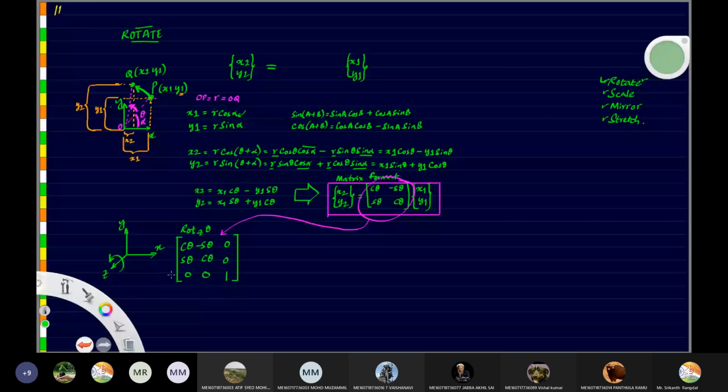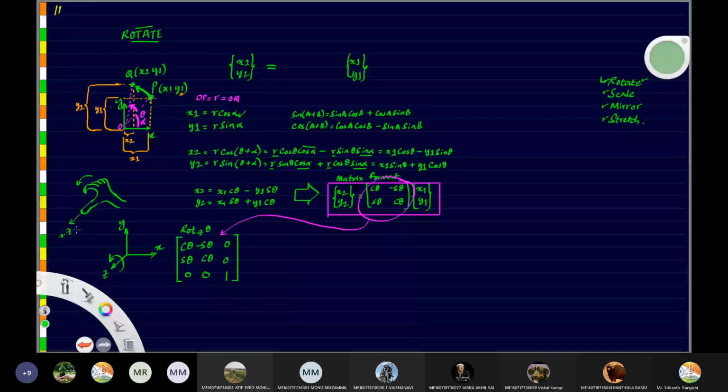If our thumb is pointing in this direction, then the direction of rotation of our fingers will give us the positive one. So here this is the positive z axis.